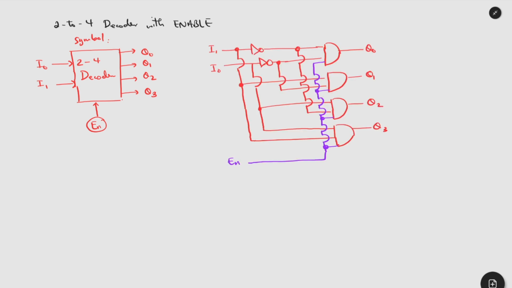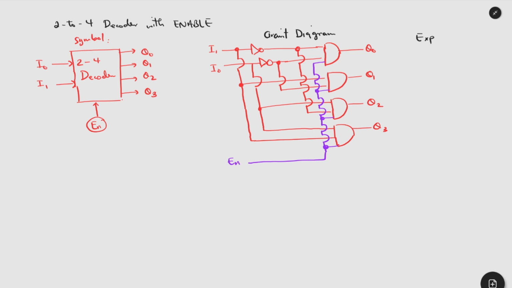From our previous 2 to 4 decoder without the enable, we are using the same circuit, but we are now adding an extra input to all the AND gates that are connected to produce the outputs of the 2 to 4 decoder.